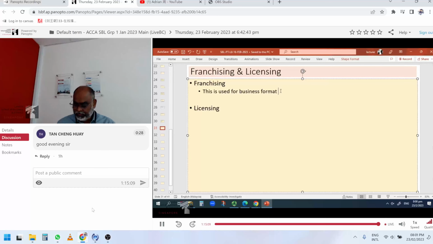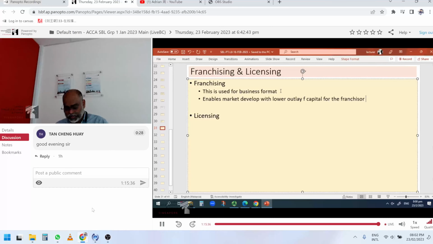So this is also like market development. It also enables market development with a lower outlay of capital for the franchisor. Because why?